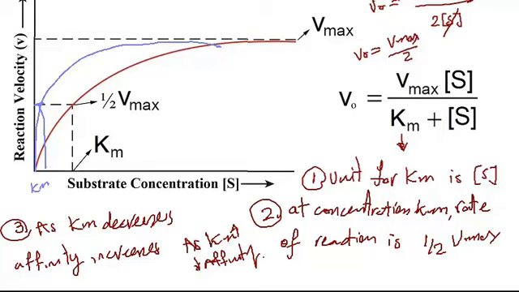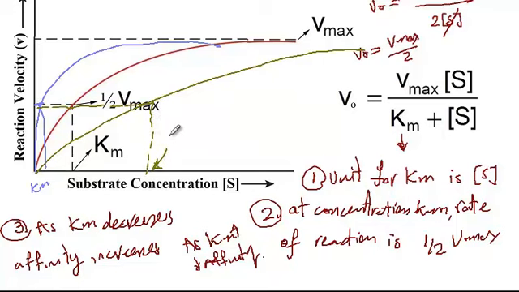And here let me show you with another example. Here we have another enzymatic reaction in which it takes longer for the Vmax to be reached. So here the Vmax is reached at a higher concentration of substrate. So here the Km is higher. Since the Km is higher, it tells us that the affinity of the enzyme for substrate is lower. All right.